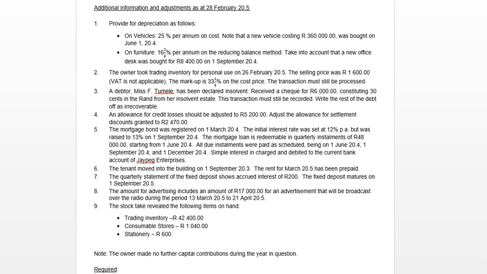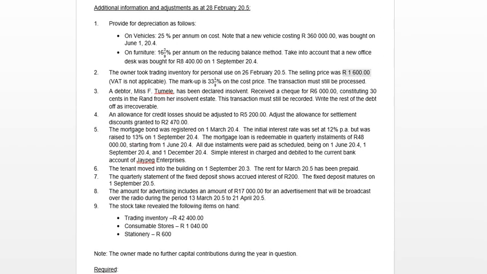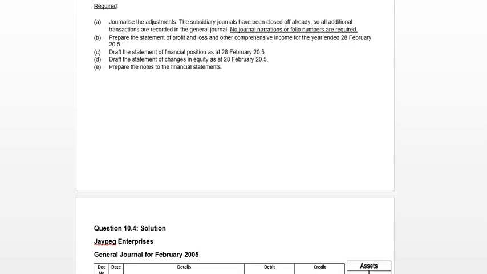He just took the cost price of the inventory. So we need to take the selling price of 1,600 Rand and determine what the cost price was, because that's essentially the loss which we made in the owner making drawings. We determine our cost price by using a markup of 33.33% on cost price.